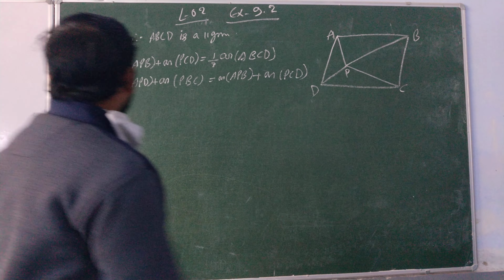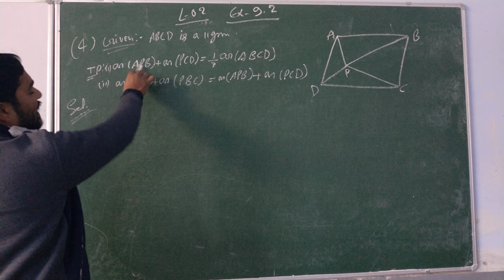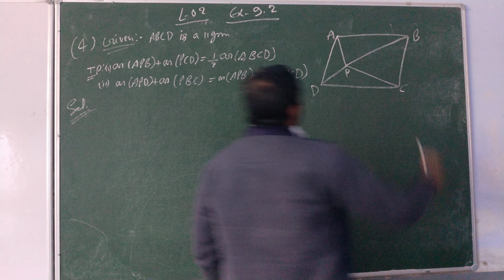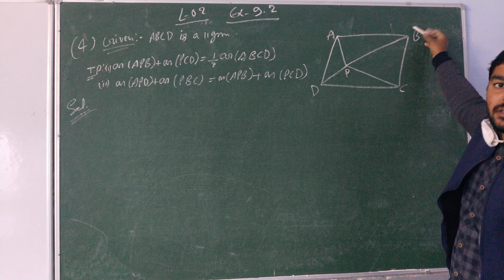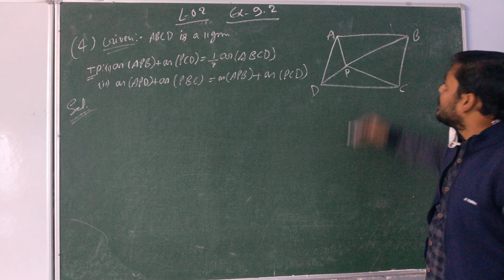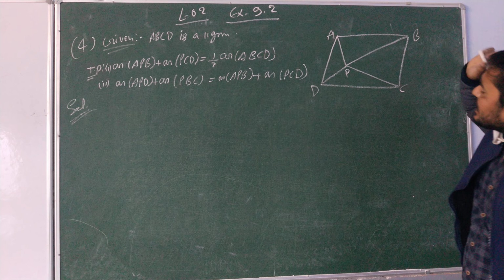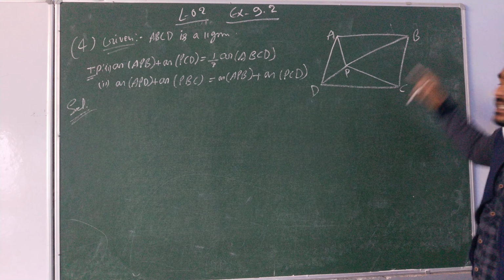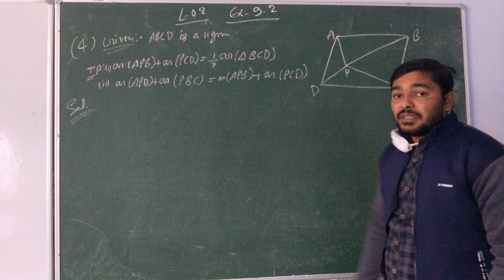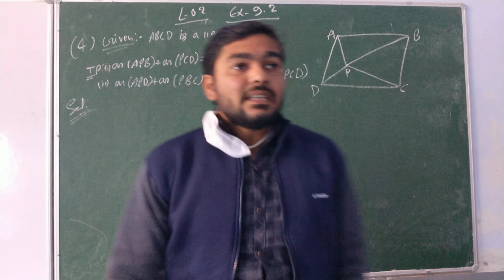First condition is area of APB. Where is APB? This is APB, a triangle in the parallelogram ABCD. The triangle APB and parallelogram ABCD are on the same base AB, but not between the same parallel lines. So we can't say that the area of triangle APB is half of the area of parallelogram ABCD.